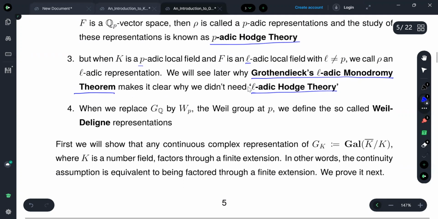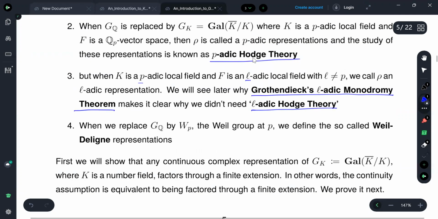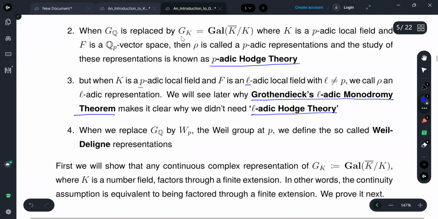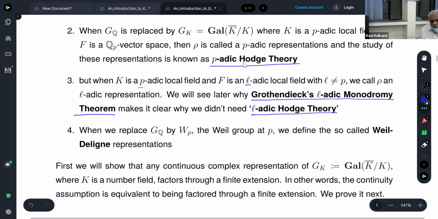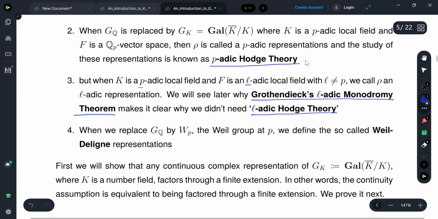We need that, but to understand the structure of p-adic representations, like QP-valued vector spaces for a p-adic local field, we need some very sophisticated ring theoretic constructions, known as p-adic Hodge theory.